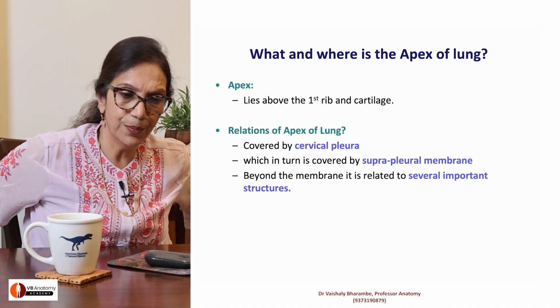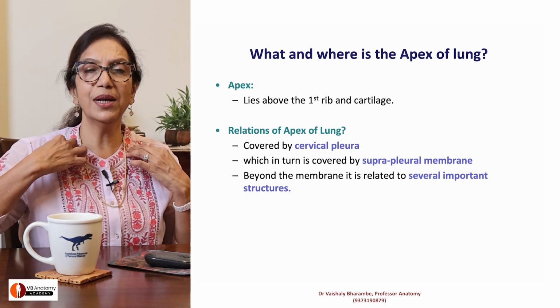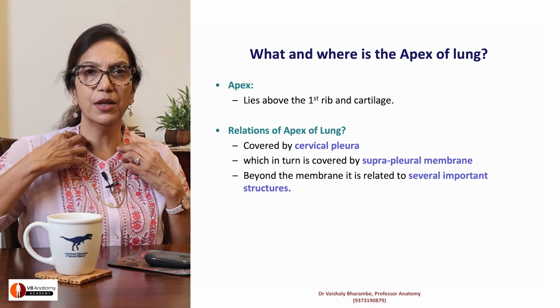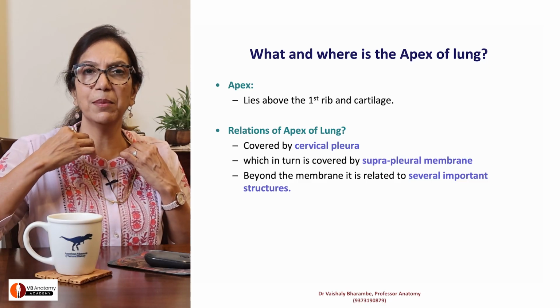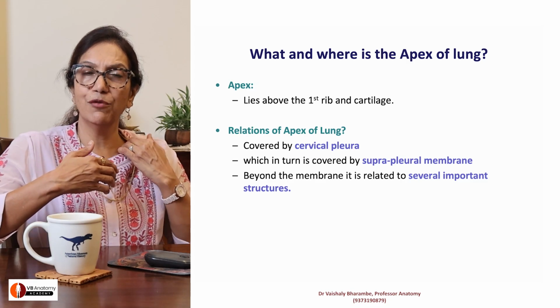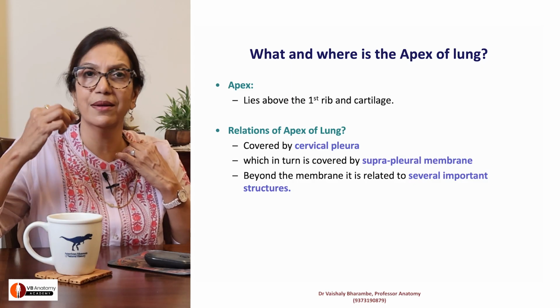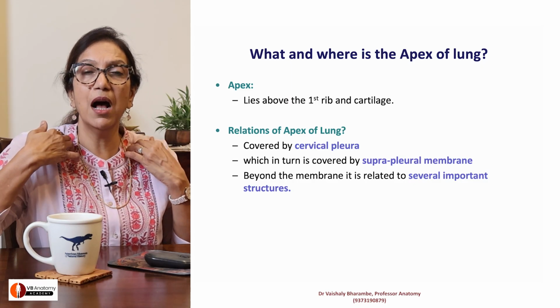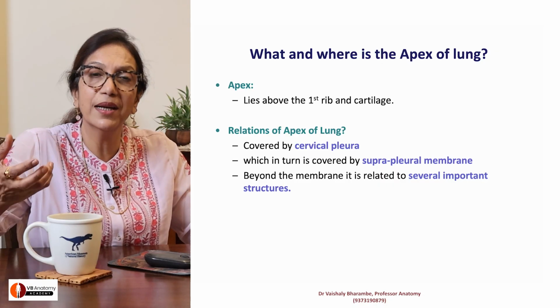I want you to, at this point, put your hand above your clavicle, okay, see here's the clavicle, put your hand inside, on one side maybe, and this is the gap. If you press it deep, your fingers almost touch the apex of your lung. That's how superficial and exposed is the apex of your lung. Okay?